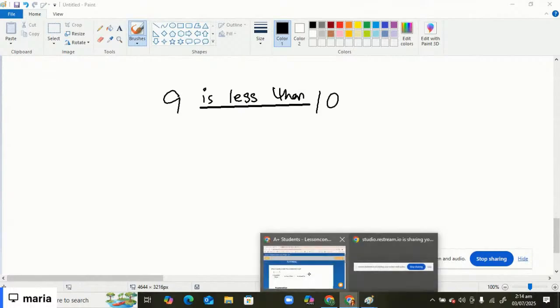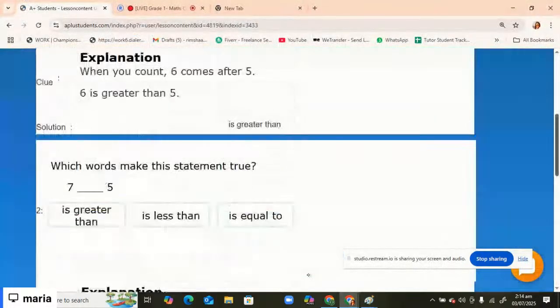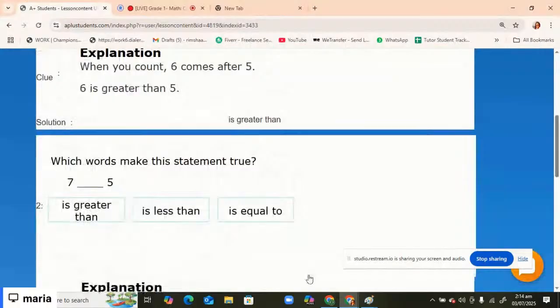Now here different options are given, so you guys tell me which word makes the statement true. 7 and 5. 7 is greater than 5, 7 is less than 5, or 7 is equals to 5. Which option is right? Everyone tell me in the chat please.